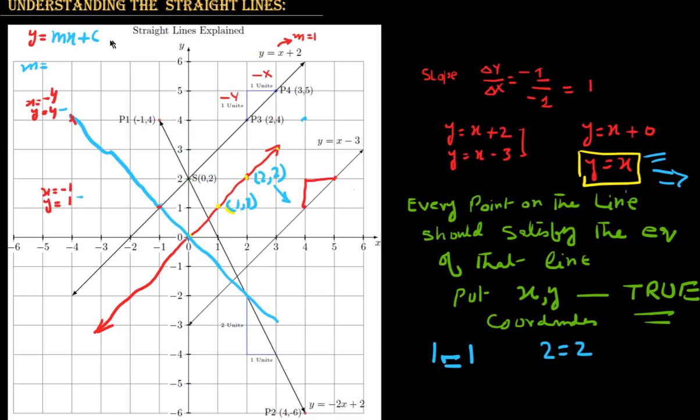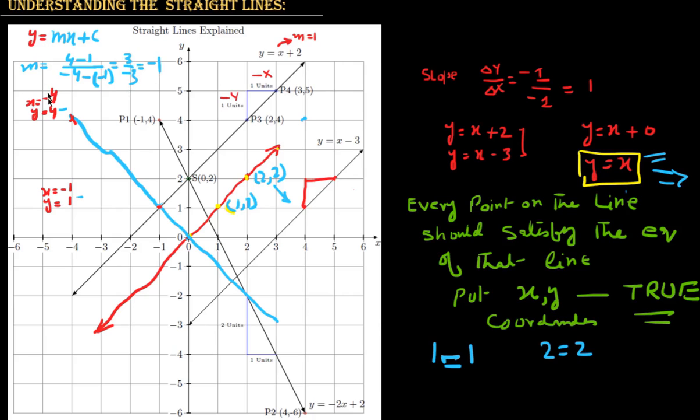So 4 minus 1, divided by minus 4 minus 1. So 4 minus 1 is 3 and minus 4 minus 1 will become minus 4 plus 1, which is minus 3. So the slope will be minus 1.